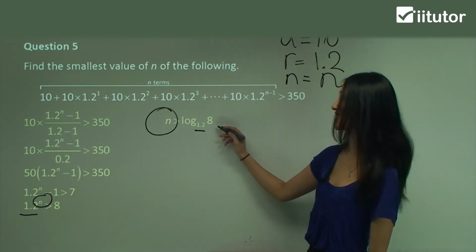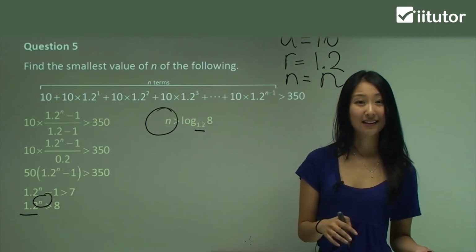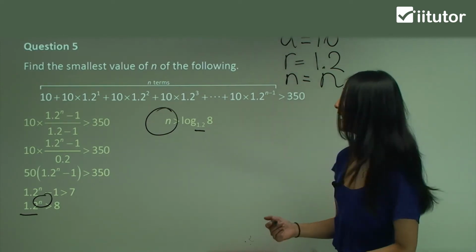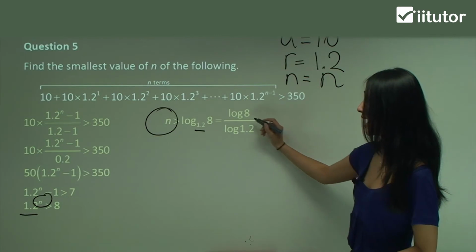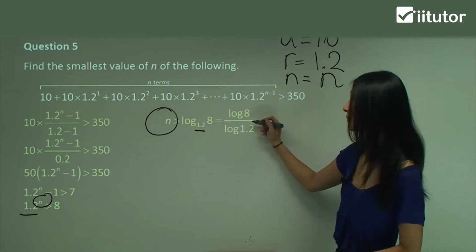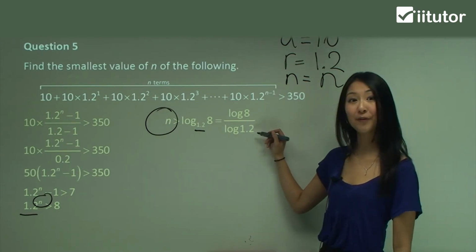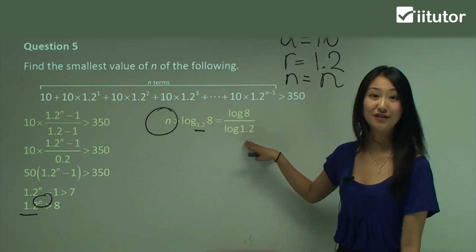Now, we can't work that out straight in our calculator, if you remember. What we need to do is change the base, and how we do that is just by changing it to log base 10, and we have 8 on top and 1.2 on bottom. And once again, the trick to remembering that is the base goes on the bottom.